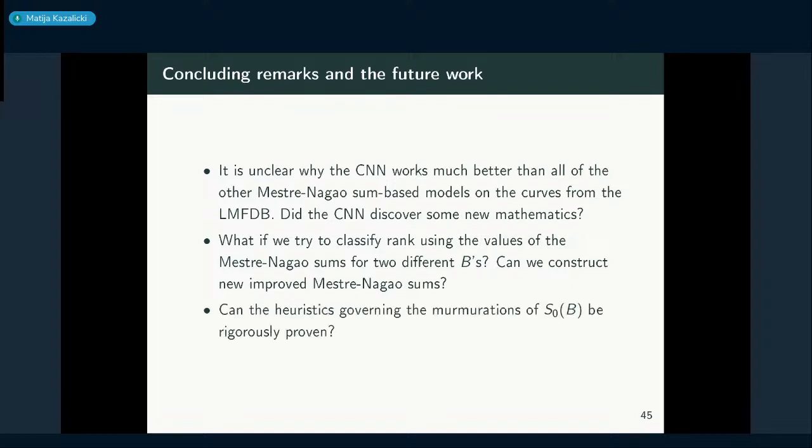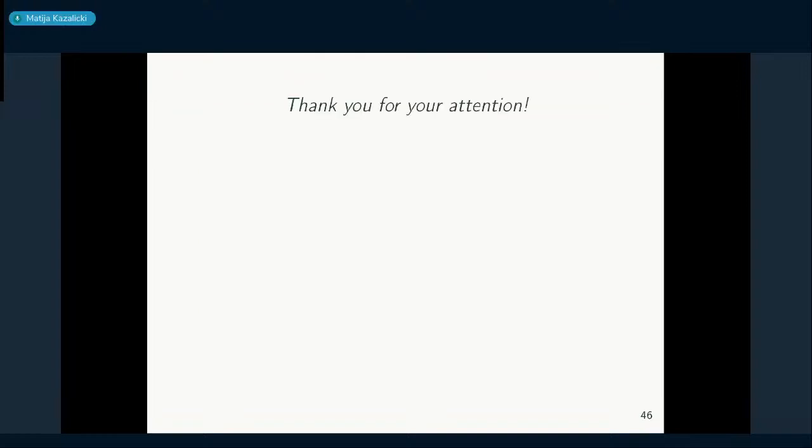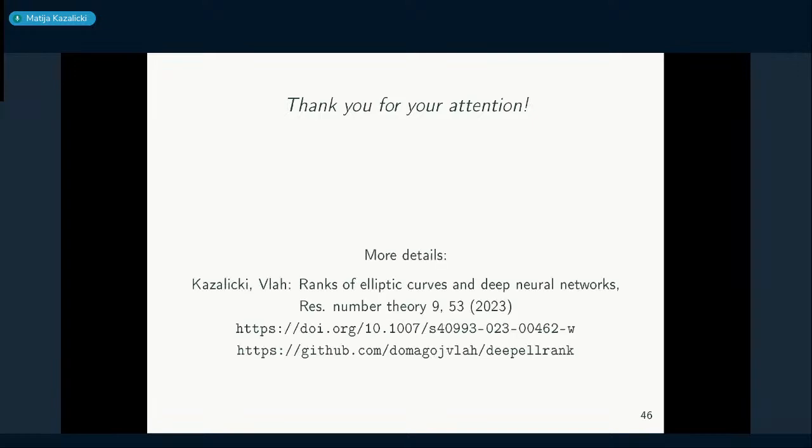And of course, the third question is, can the heuristics governing the murmurations of S0 B be rigorously proven? Okay, so thank you for your attention, and for more details, you can look at the following paper.